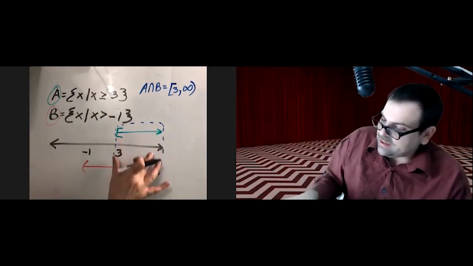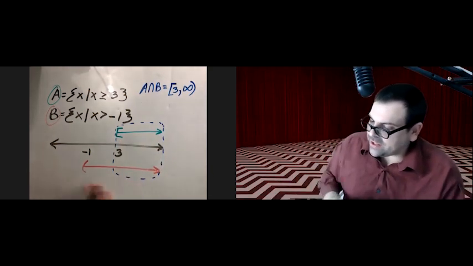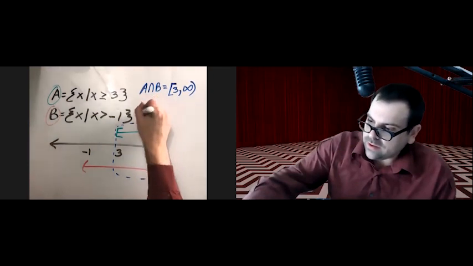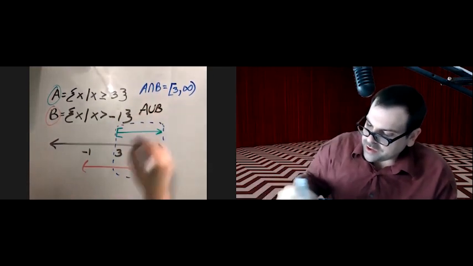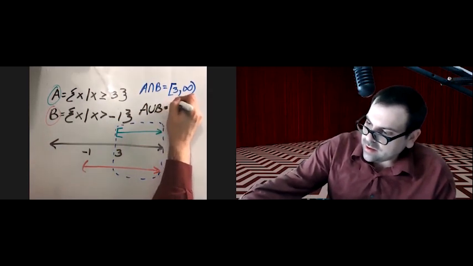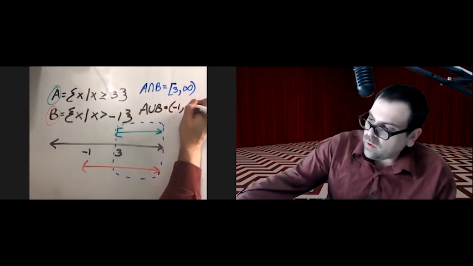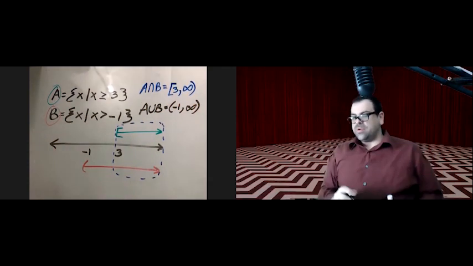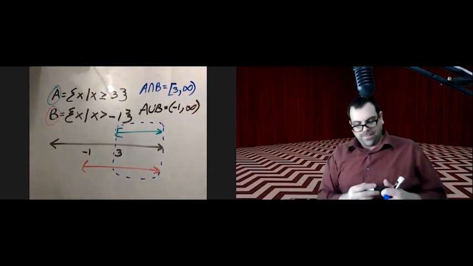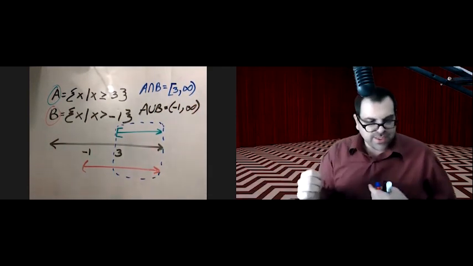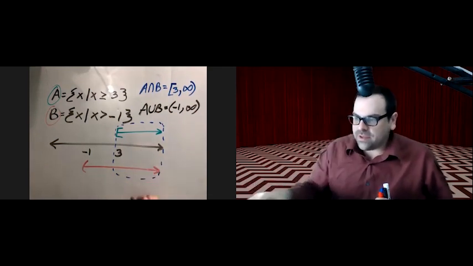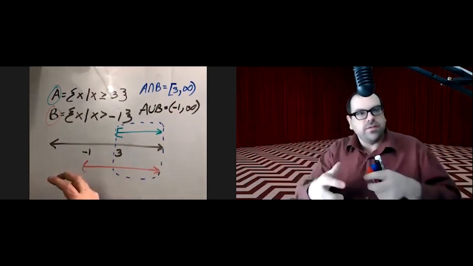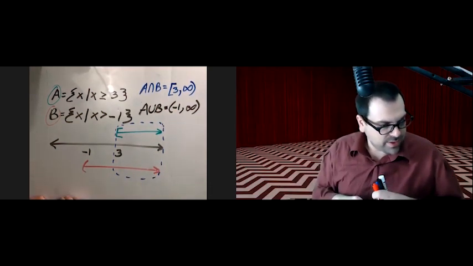This piece is included here, so all of it is just the same as the red one. A union B is just going to be from -1 to infinity. The intersection is the overlap, where it overlaps. The union is everything from both jammed together.